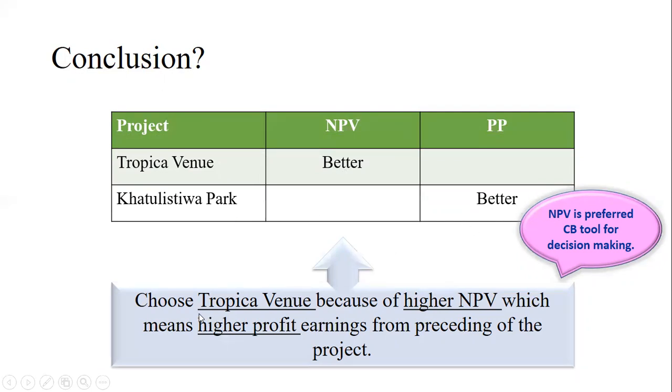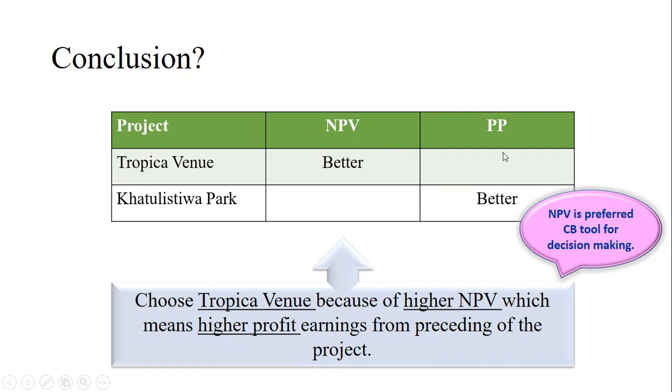So as a conclusion, we should choose Tropical Venue because of higher NPV, which means higher profit earnings from proceeding with the project. I put a note here: NPV is always the preferred capital budgeting tool for making decisions. If we have other tools, usually the company would choose based on NPV instead of other tools.